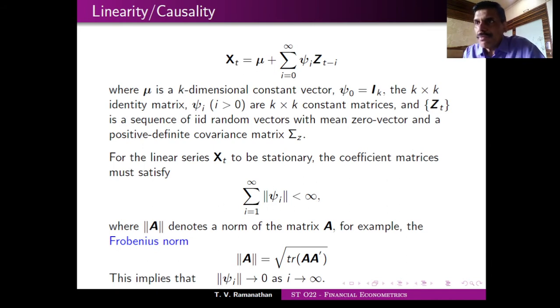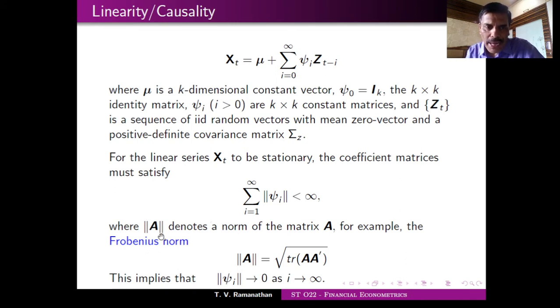If I have a k by k matrix, you're talking about a k square dimension, and from that you are mapping to a single number, and that's the norm. Like the determinant is a norm, because whatever the dimension is, you're mapping it to a single number. So this is another norm we consider here.